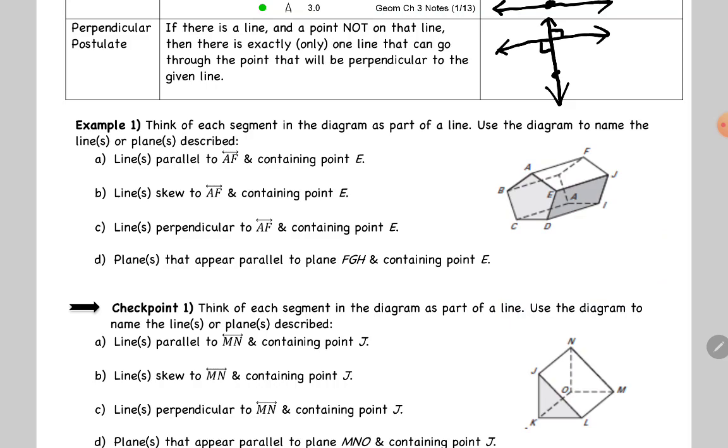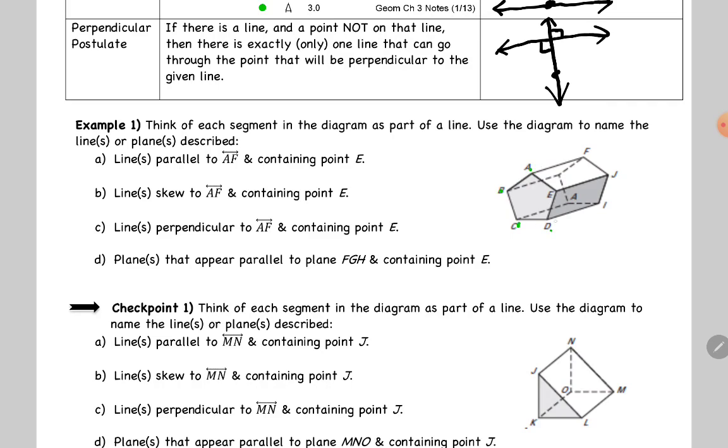Okay, part D, planes that appear parallel to the plane FGH. Huh. There's no G or H on here.